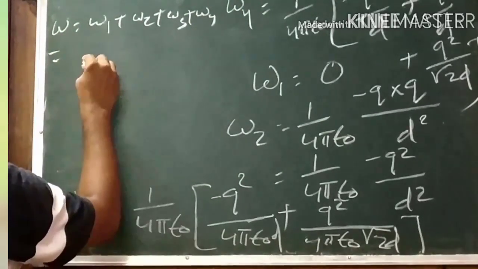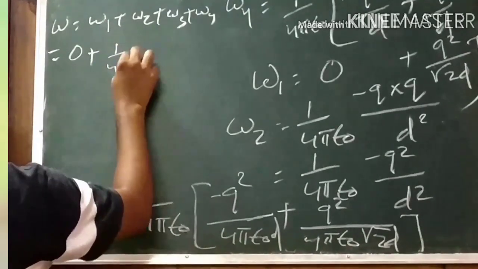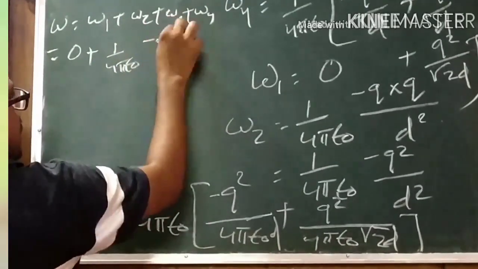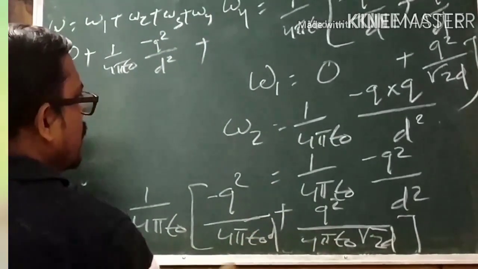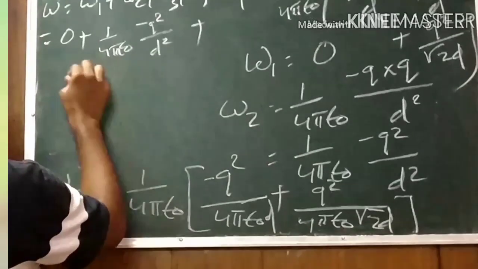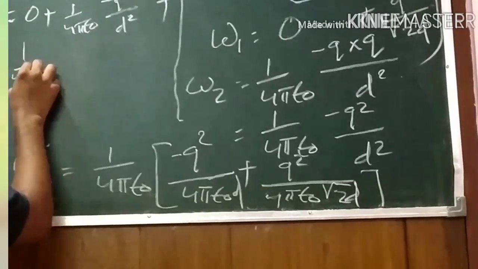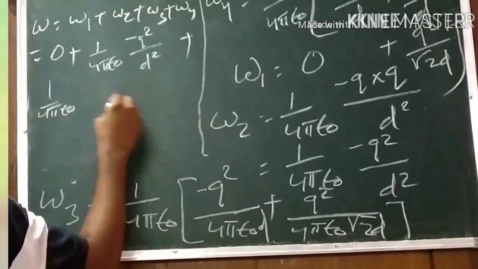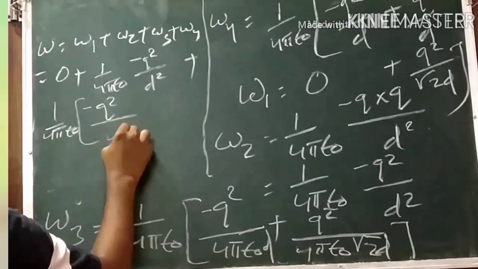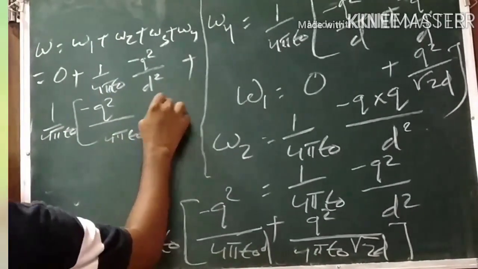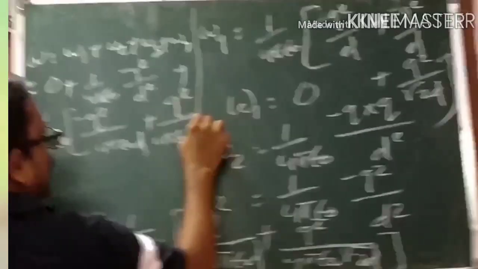Now this will be equal to 0 plus 1 by 4 pi epsilon 0 minus q square by d square, plus W3, which is 1 by 4 pi epsilon 0 into minus q square by d plus q square by d root 2.